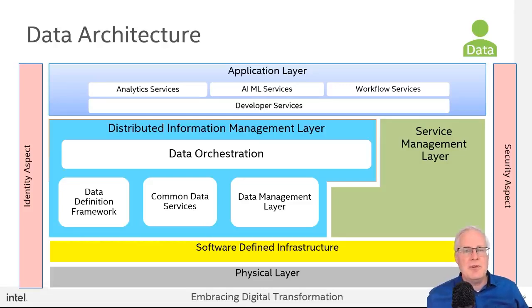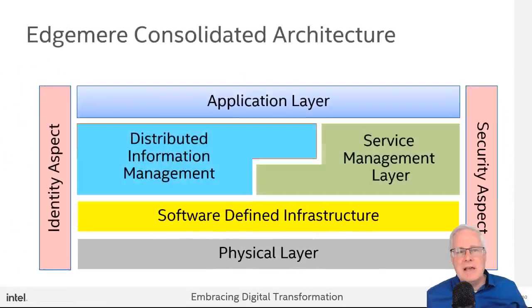starting to move up into this space and kind of take control of the data management plane, this data information management layer. So this ideal architecture that we're coming up with, this utopian architecture of which there's a lot more moving parts, but this is kind of the high level that we're looking at. We actually call the Edgemere consolidated architecture.